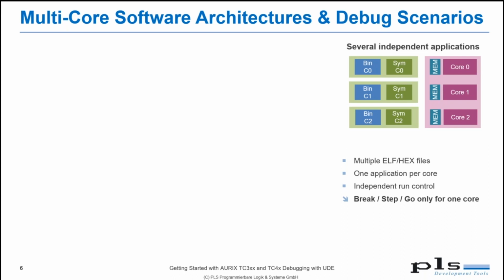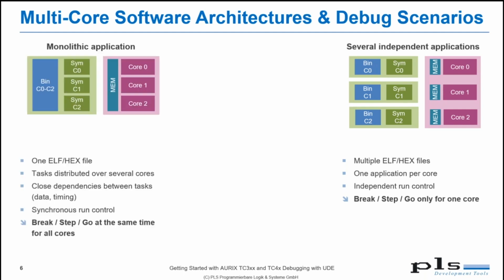So all the debug actions, especially run control, that means breaking the system, single stepping through the code, and so on, should be performed only on that specific core. The opposite case is a monolithic application. All the tasks and functions are distributed across all the available cores.